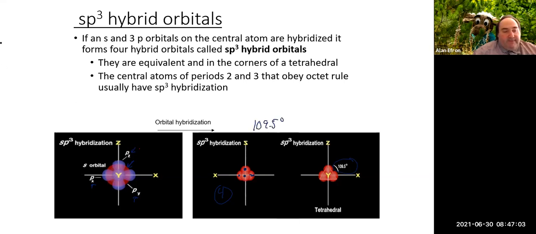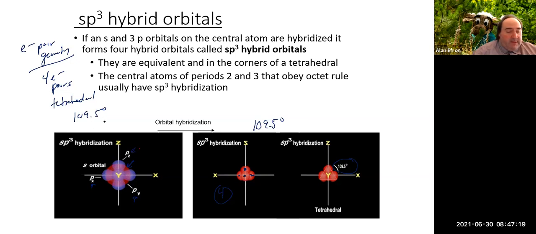If you think about how that ties to the electron pair geometry that we talked about, something with 4 electron pairs has a tetrahedral electron pair geometry and a bond angle of 109.5. So this sp3 hybridization correlates to tetrahedral electron pair geometry.